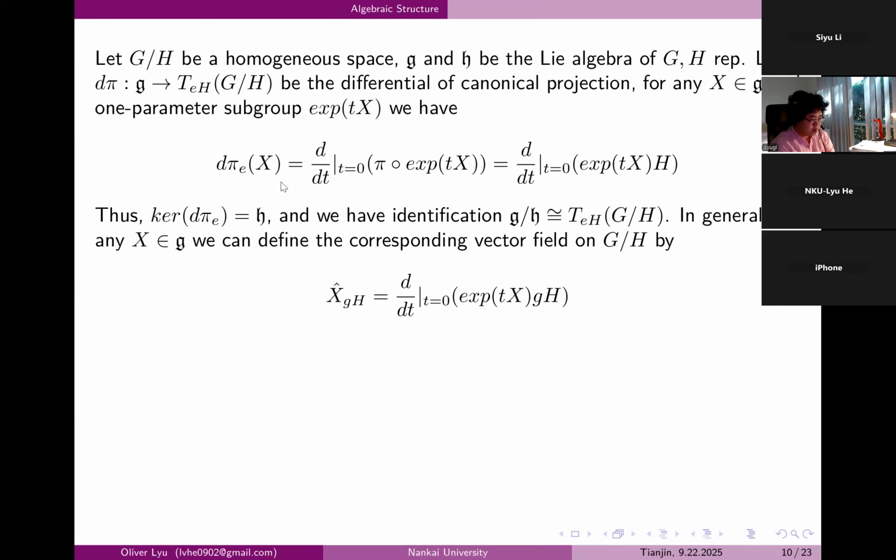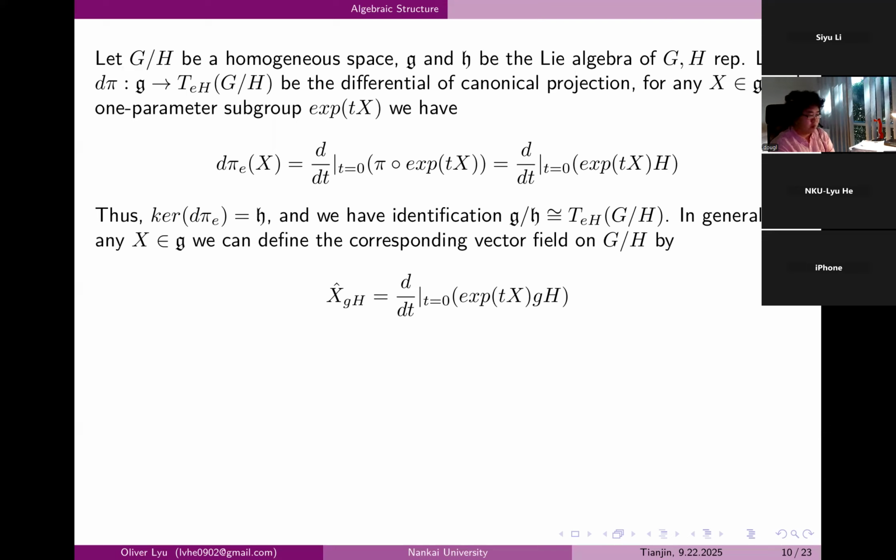Since H is the isotropy part, the kernel of this canonical projection is just H. And we identify G mod H with the tangent space at identity.